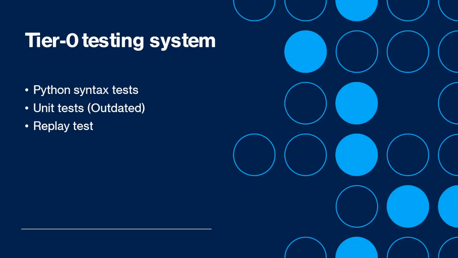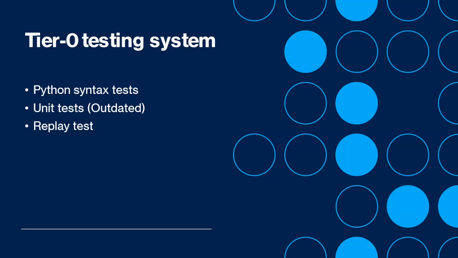And the replay test is very large, very difficult to process, and requires much computing power. When you develop something, you should run a replay test before these changes go to production.